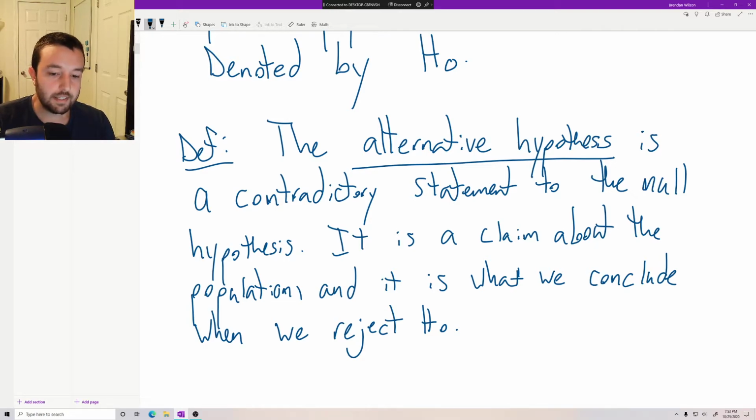So when you're saying that somebody is not guilty, you're not necessarily saying that they are innocent, right? You're just saying that you don't have the evidence to say that they are guilty.